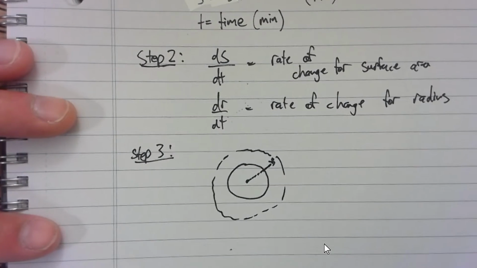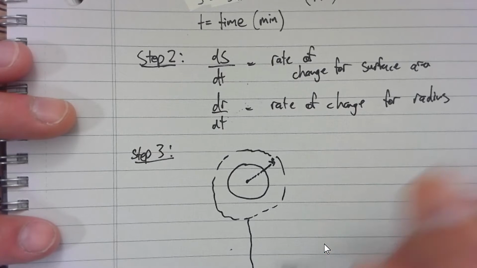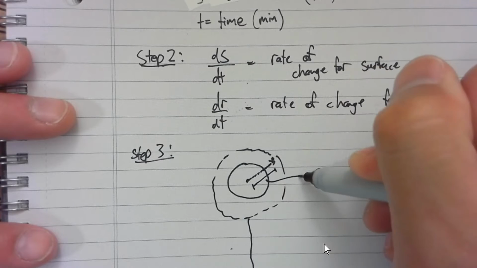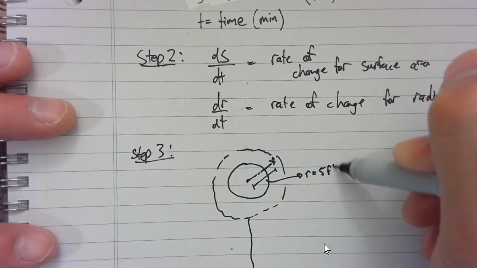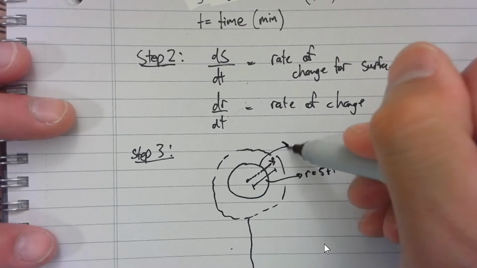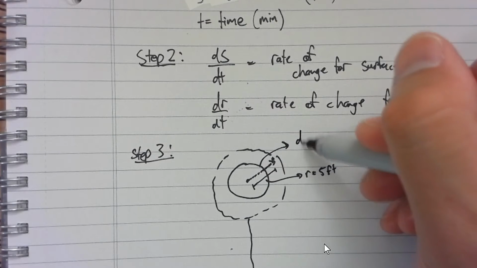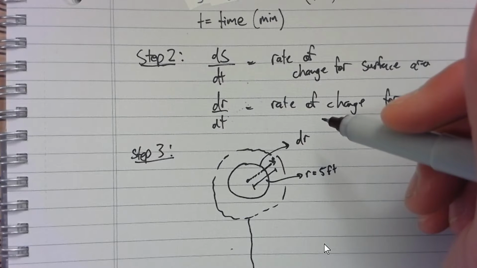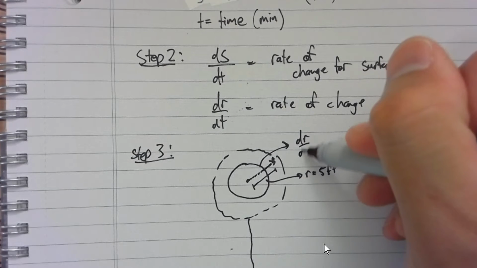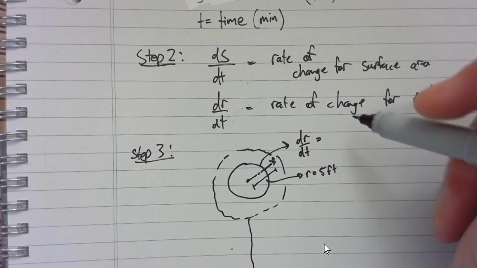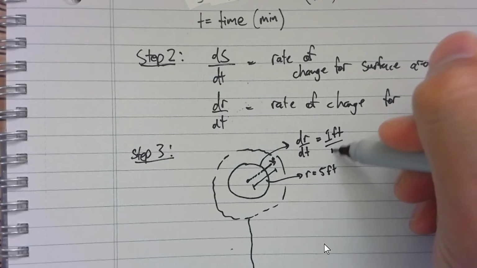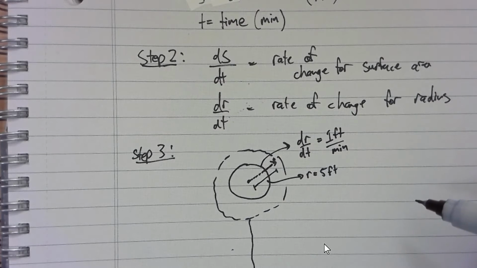Okay, and we're talking about it at the time the radius is equal to 5 feet, and dr over dt, we actually determined from the last problem at that instant, is 1 foot per minute. Notice I haven't talked about the volume at all. And you'll see why in just a second.